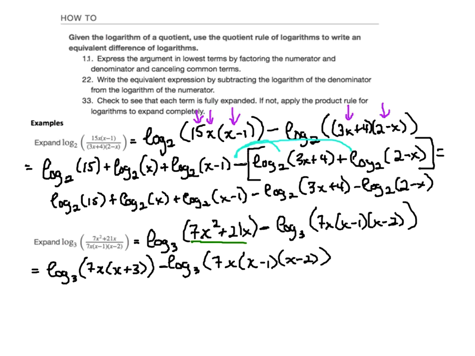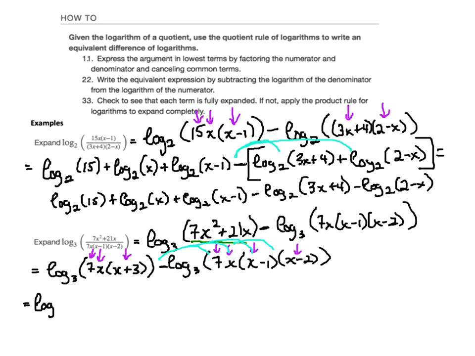Okay, so now I'm just going to point out we still have products that we can expand. I have 3 factors in this first logarithm, and I have 4 factors in this second logarithm. So let me just remind you so I don't have to take up too much space. This negative is going to end up distributing to all those terms. So I'm just going to subtract each of those as I expand this out.